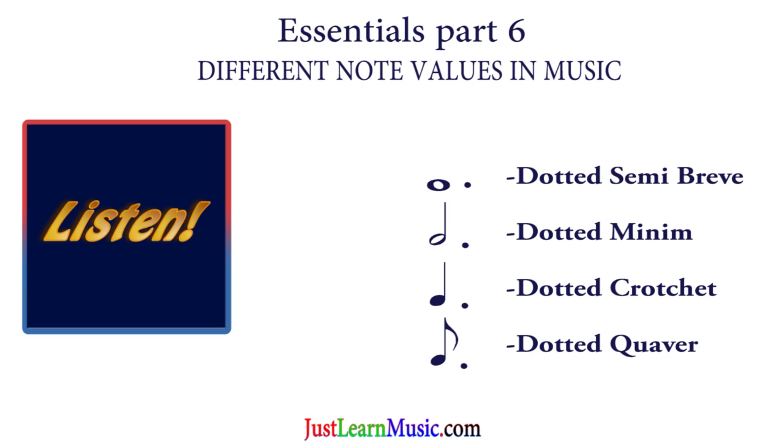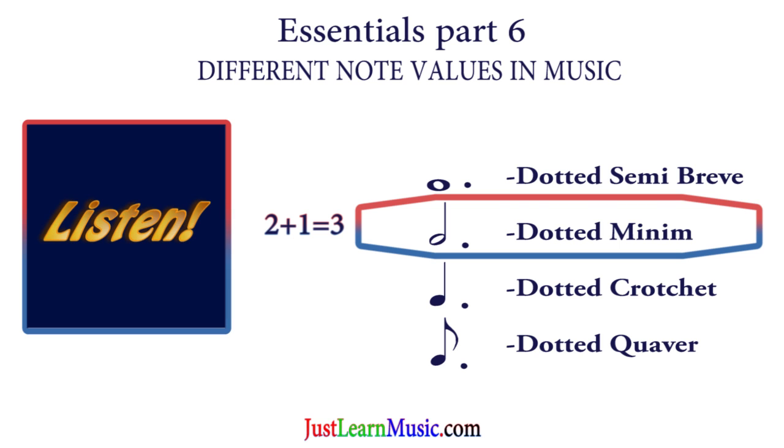This dot brings up the value of the note 1.5 times, which means if you had a minim, which was 2 counts, and if you put a dotted minim, the value of that minim would be 2 counts of the minim plus half its value, that is a crotchet. You add the two together, 2 plus 1 will give you a 3 count note. It would look like this.